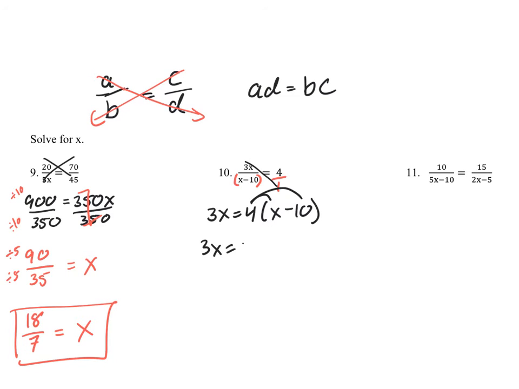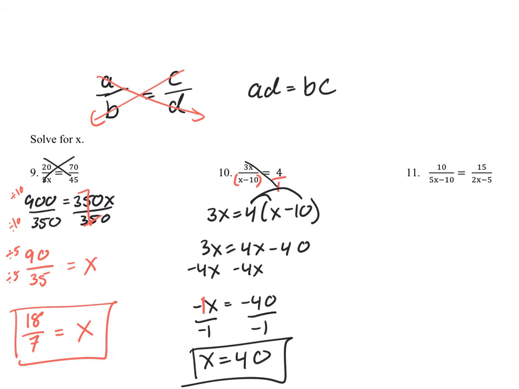So I have 3x equals 4x minus 40. We're going to move all of our variables to one side, and I'm going to get negative x equals negative 40. Just keep in mind, a negative x is really a negative 1x. So I have one more step, which is to divide both sides by negative 1 to find that x equals 40.